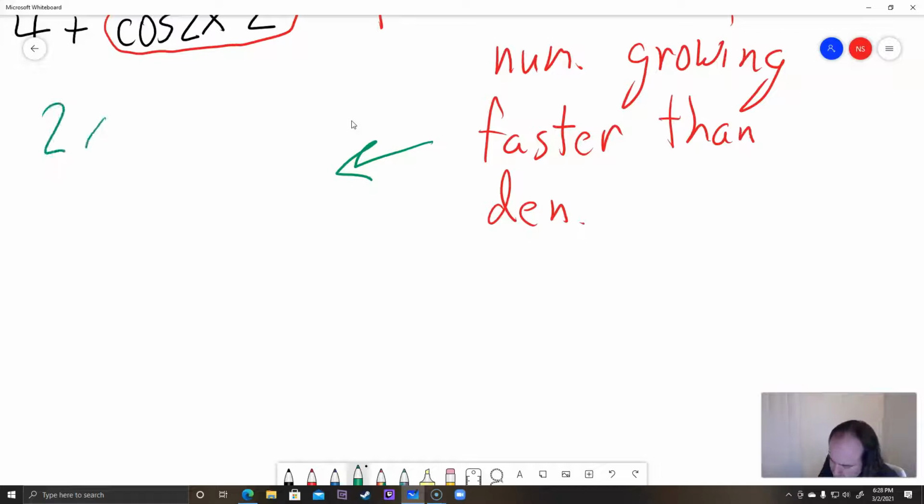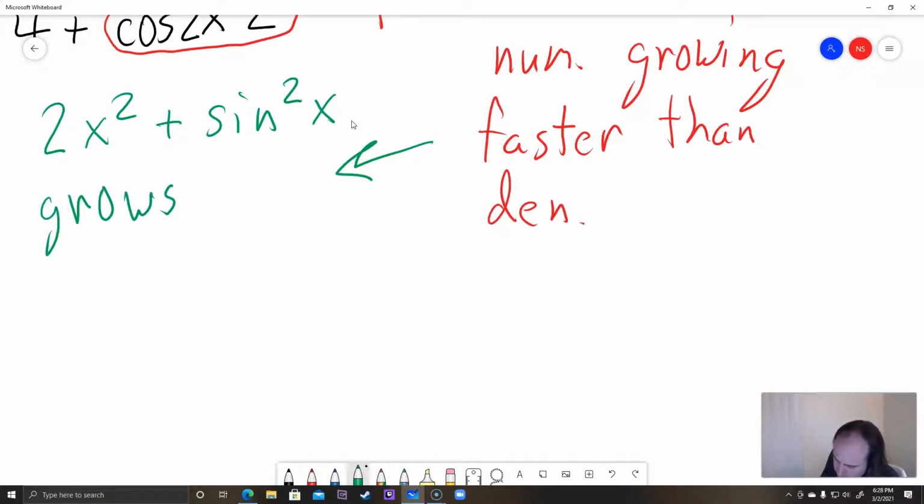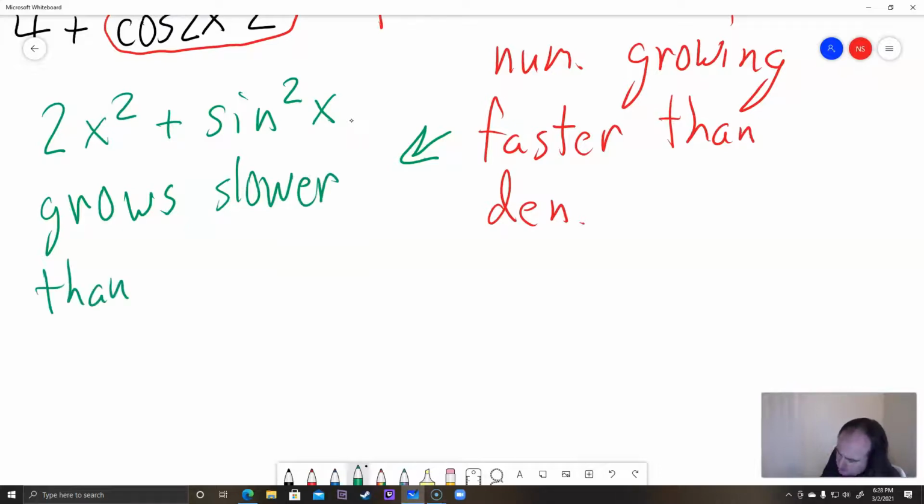So 2x squared plus sine squared of x, that was our denominator, grows slower than the numerator, which was e to the 2x.